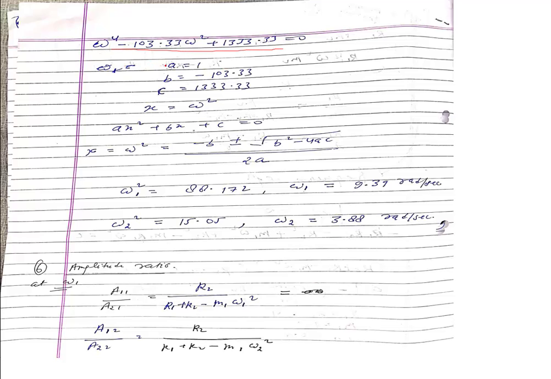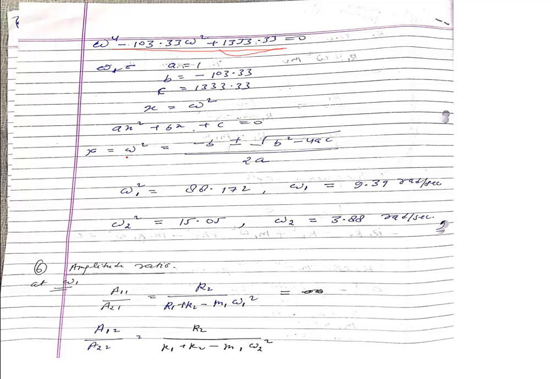From this, a equals 1, because the coefficient of omega to the power 4 is 1, the coefficient b of omega square is minus 103.33, and the constant c is 1333.33. We assume x equals omega square, so omega to the power 4 equals x square. So ax square plus bx plus c is the standard form of the quadratic equation, and the roots will be calculated from the quadratic formula.